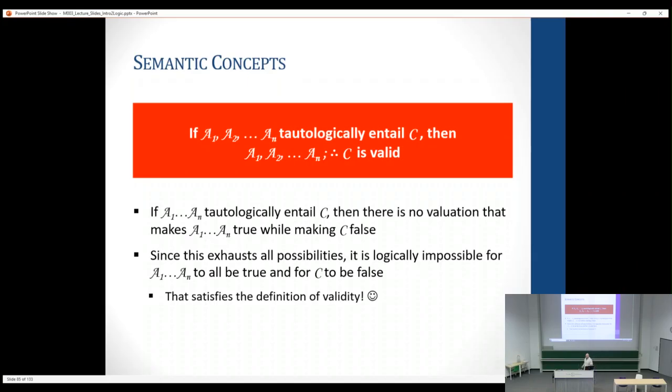If there's even one valuation where the premises are true and the conclusion's false, then we know at least that the entailment relation doesn't hold. We've got very good reasons to say the argument is going to be invalid. And it's certainly going to be at least invalid expressed in TFL.